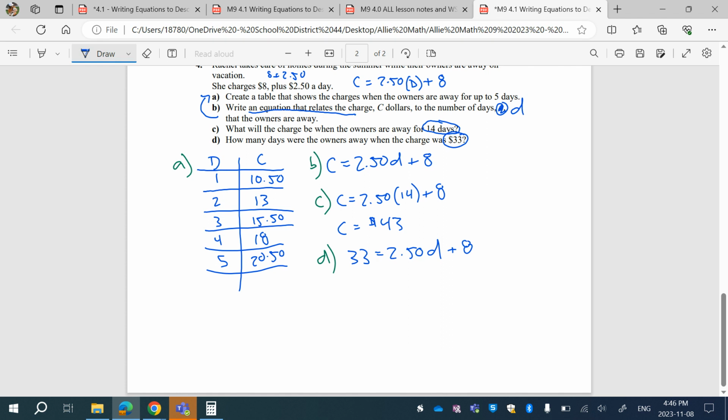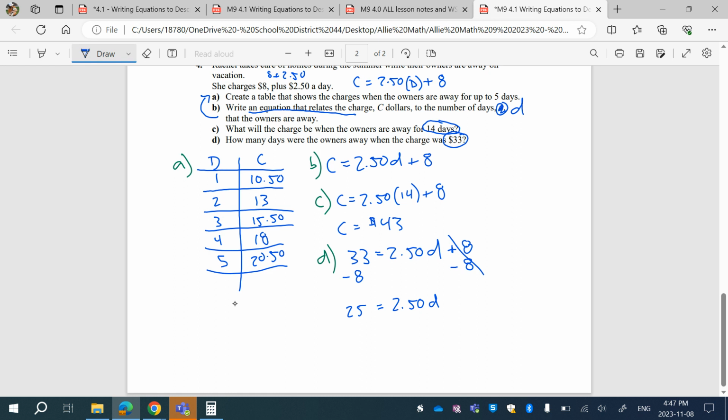But you need to do opposites to get it by itself. So we have this 8 that's currently being added to it. So let's subtract 8 on each side. So that's going to zero that out, and we are left with 25. So 33 minus 8 equals $2.50 times D for days.